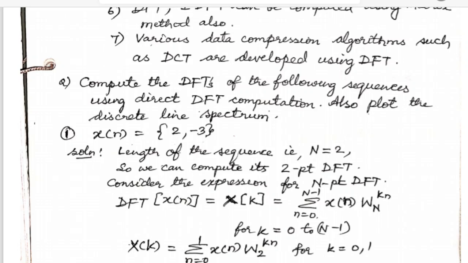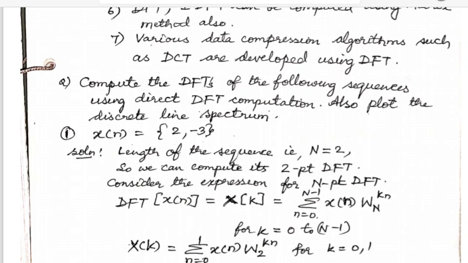So considering the expression for N point DFT, as we know, in the class I told you, DFT of x of n is given as X of k. The notation for DFT sequence is X of k, and the definition is given by the product of x of n with the twiddle factor W suffix N raised to k into n, with the summation of small n being 0 to N minus 1.